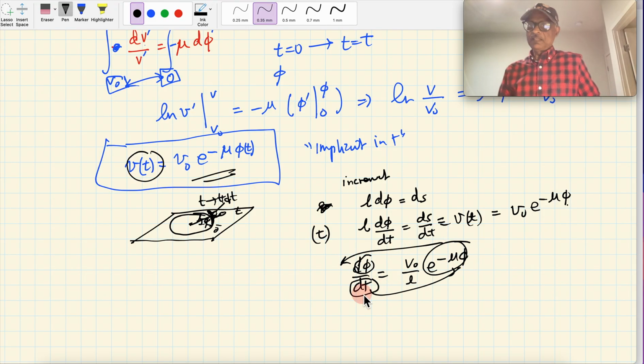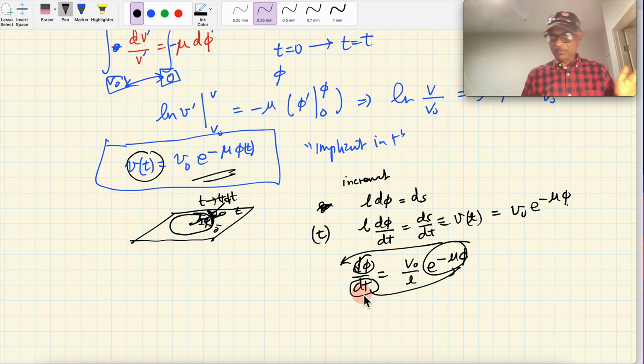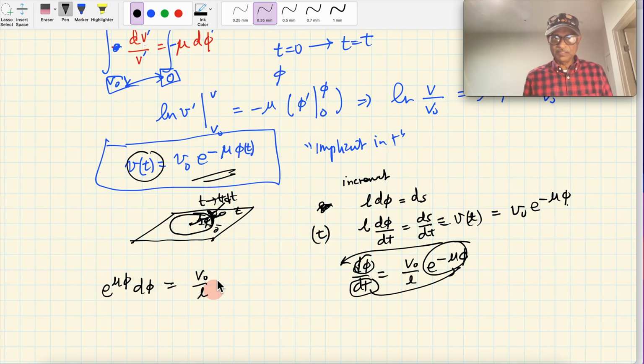This is a common technique called separation of variables. You separate the variables to the two sides, and then you integrate, and the integration is much easier to do. So we get e to the mu phi d phi, because moving it to the other side becomes a plus, equals v0 over L, this constant, dt.